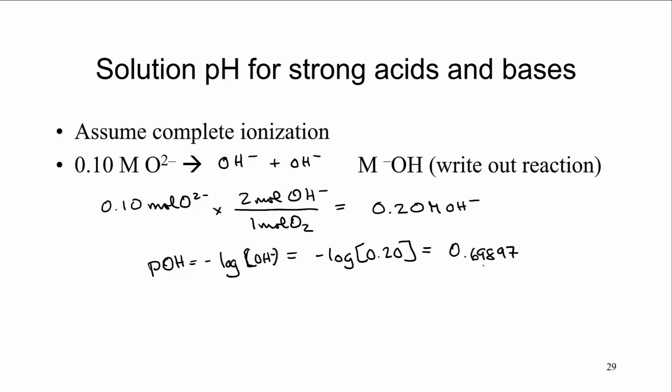Two significant figures here, and so that becomes 0.70 for the pOH. Now, the pH is equal to 14 minus the pOH, and that'll be 13.30, doing that subtraction, right? Because it has to add to 14.